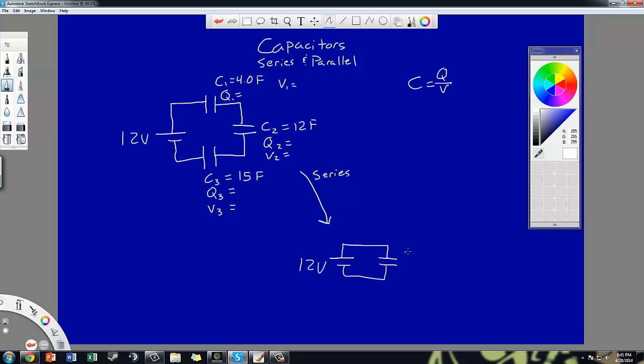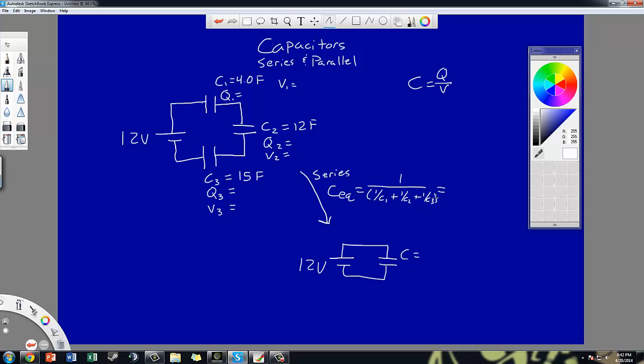And to figure out what the capacitance value of that capacitor is, what I need to do is take the equation for a series circuit for the equivalent capacitance. And that equation is 1 over the quantity 1 over C1 plus 1 over C2 plus 1 over C3. And when I plug in my C1, C2, and C3 values, I get 4 farads for C1, 12 farads for C2, and 15 for C3. You just have to be careful with parentheses around this.